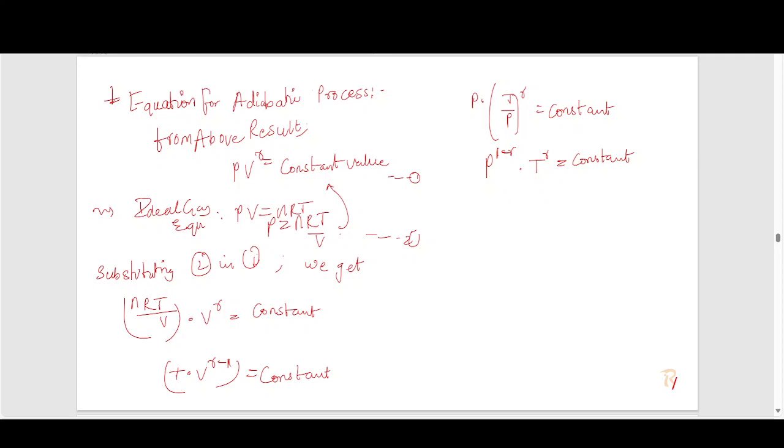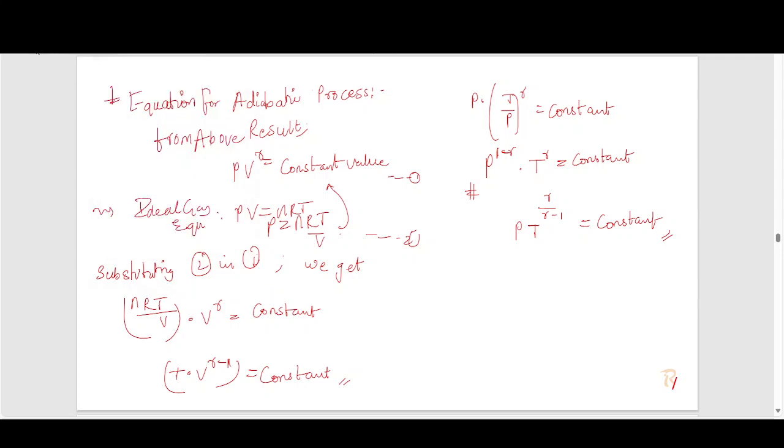Therefore P into T to the power of gamma by gamma minus 1 gives me a constant value. These are the most important results for our questions in JEE Mains and NEET. Therefore, result 1 and result 2.